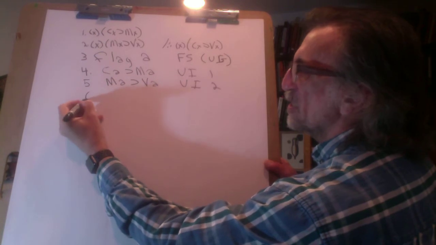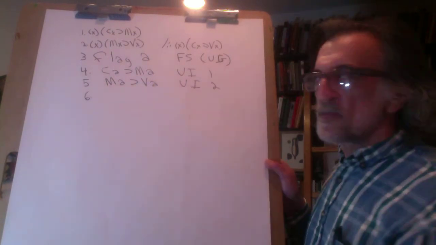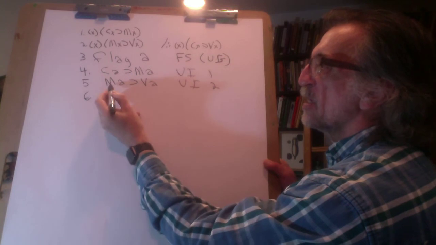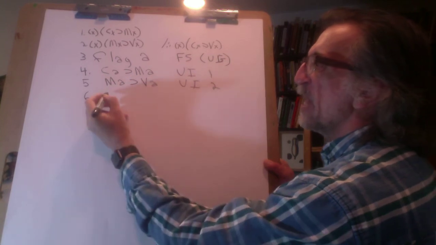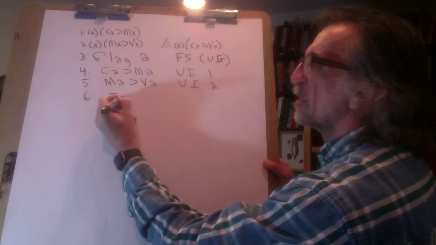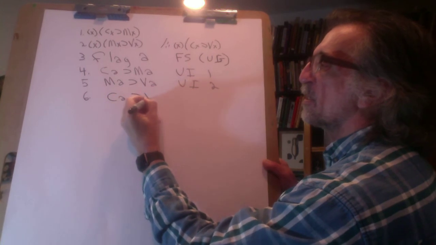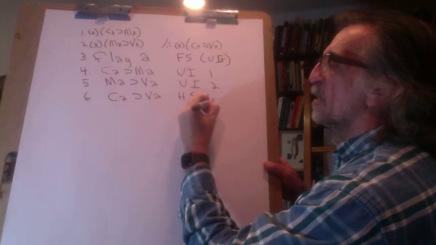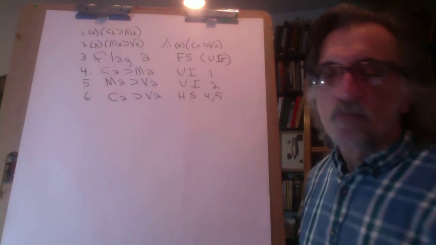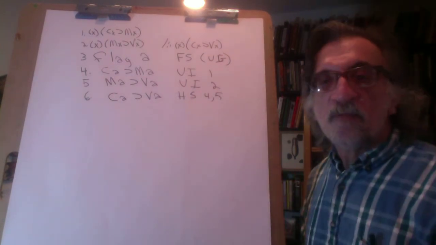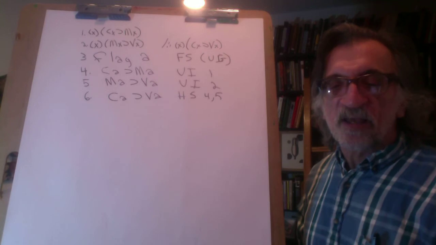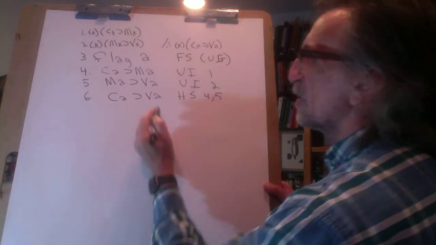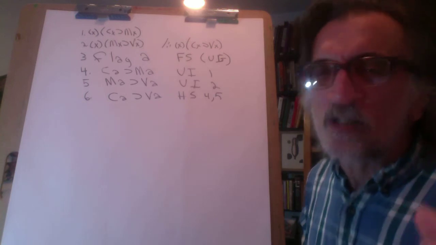Now, you see, we can use the hypothetical syllogism. We've got if CA then MA, if MA then VA, by the hypothetical syllogism, if CA, then VA. Now, who is A?